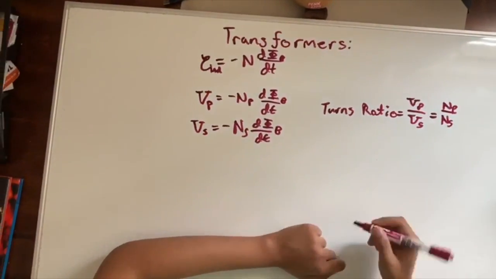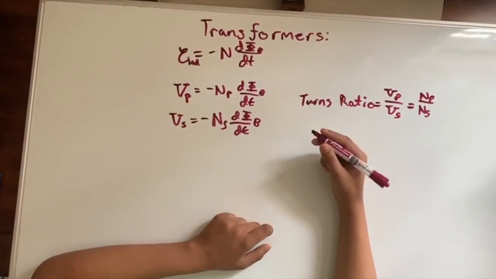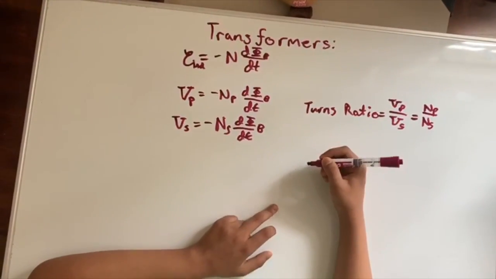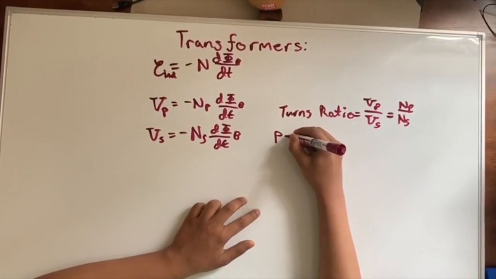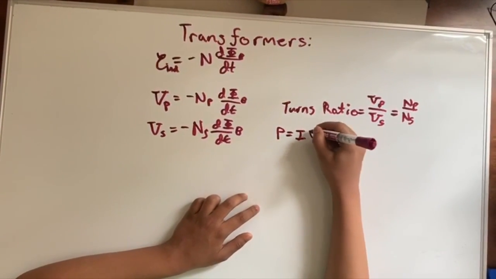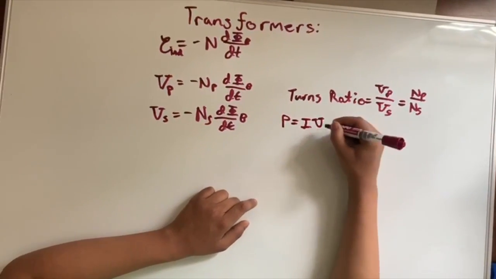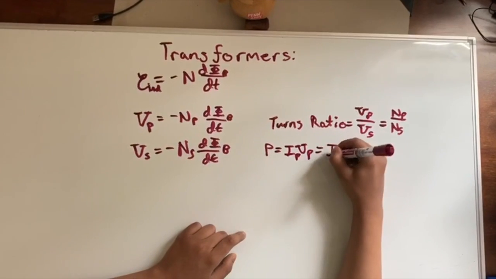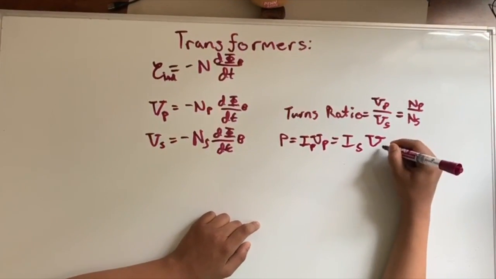And then we can actually apply a bit of conservation of energy, that'll allow us to use conservation of power in this case. Power is equal to IV, and we can say that in this case, I of the primary coil times the voltage of the primary coil equals the current in the secondary coil times the voltage in the secondary coil.